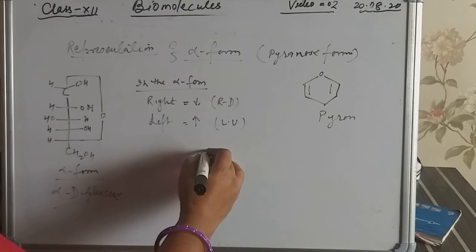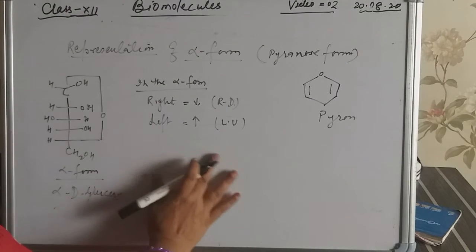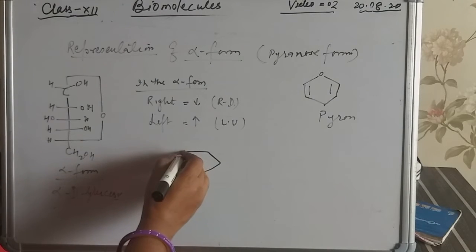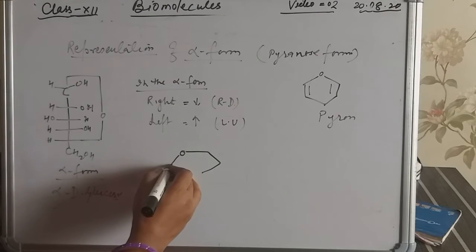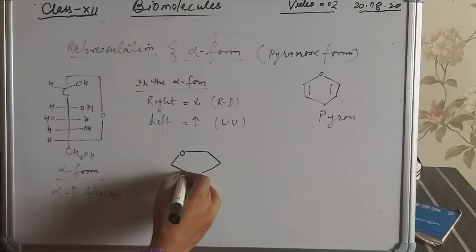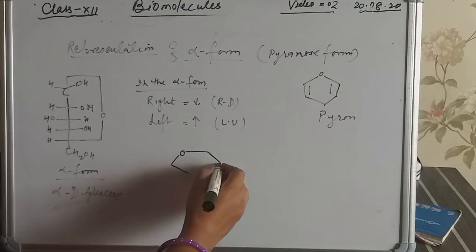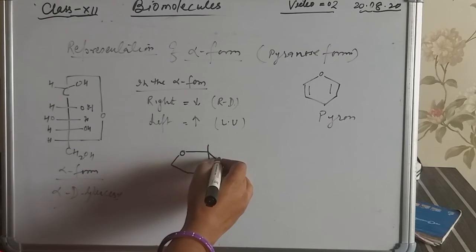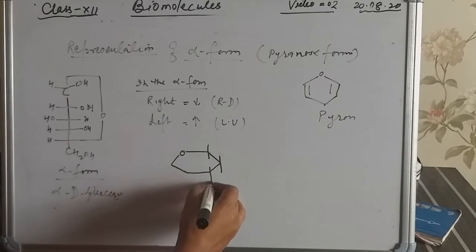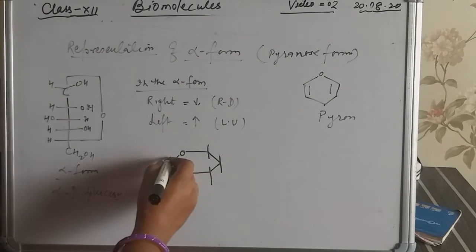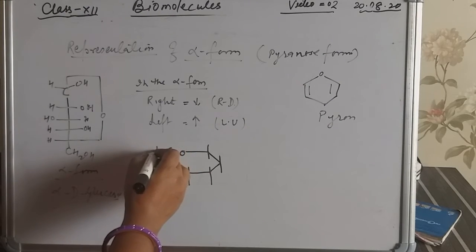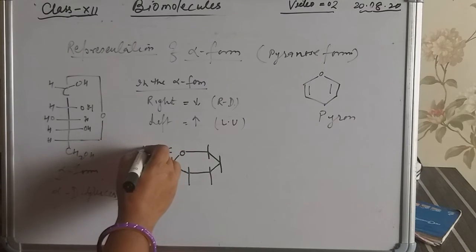At first we draw the structure like this: 1, 2, 3, 4, 5 and 6, CH2OH.